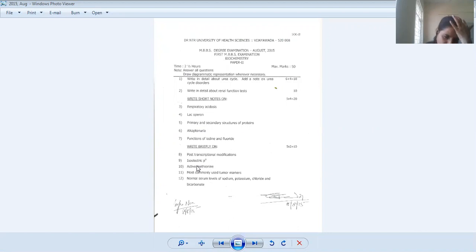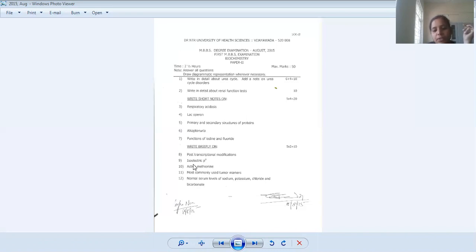What is isoelectric pH? The pH at which amino acids are existing as zwitter ions. Zwitter ions in the sense the amino acid will have an amino group and a carboxylic group. Now one is carrying a positive charge and the other is carrying a negative charge. Both the charges are present at a particular pH.